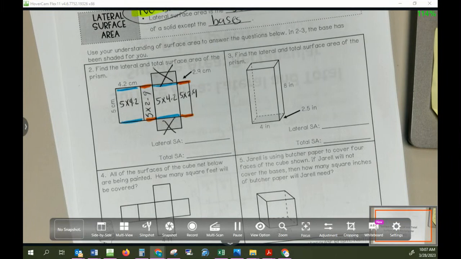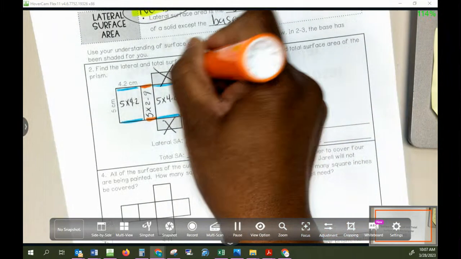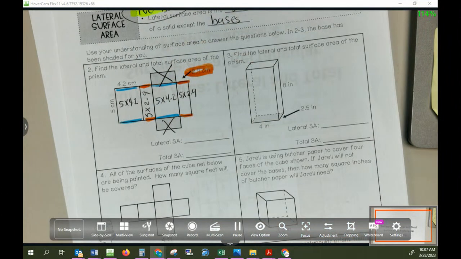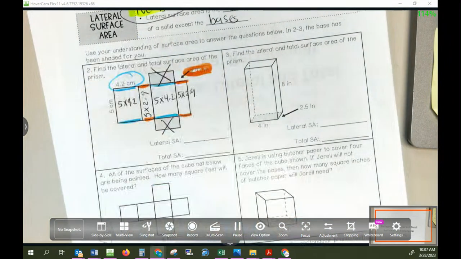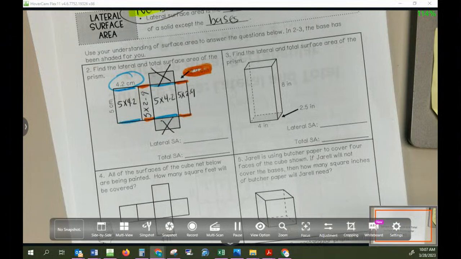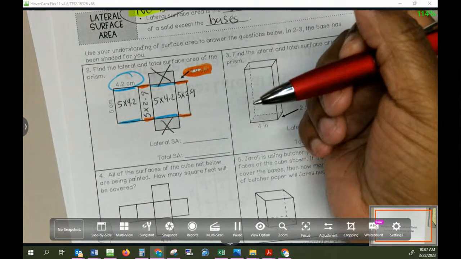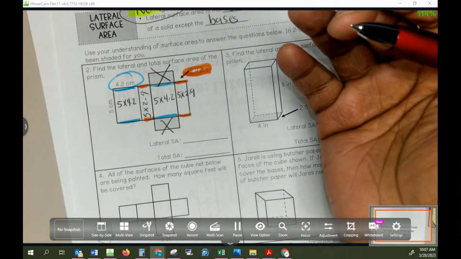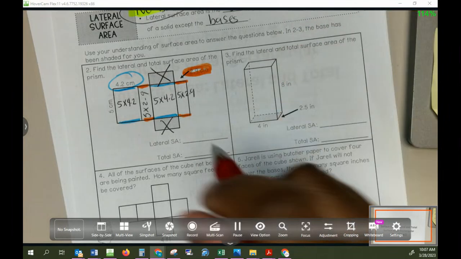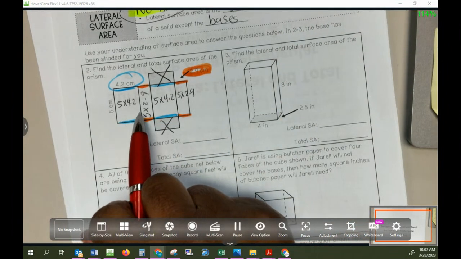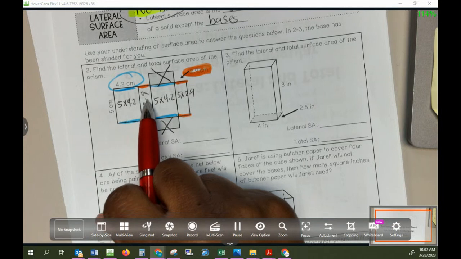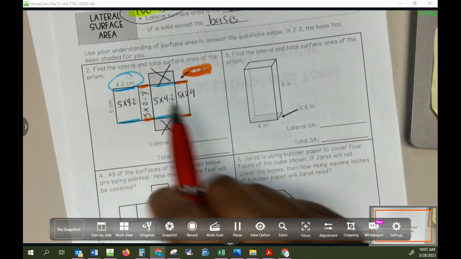It says 2.9 centimeters. This number here is 2.9, and this number here is 4.2. So this is just pushing us to do area. That's all we're doing. It's not meant to be complicated. It's area, and being able to look at a net and determine the area of each one.